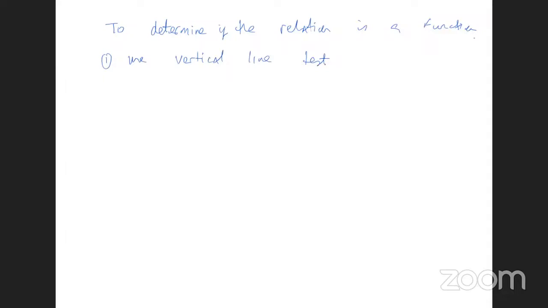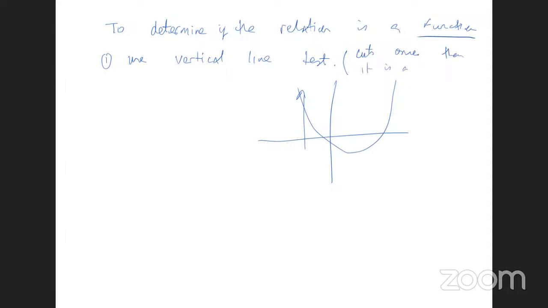In case you don't know it, the vertical line test is where you draw the graph of the relation and draw a vertical line. If the line cuts it only once, then it is a function.